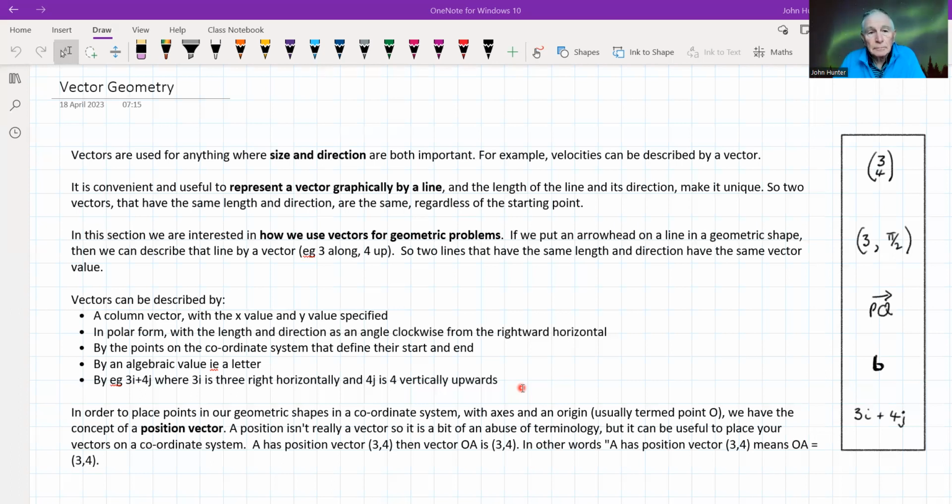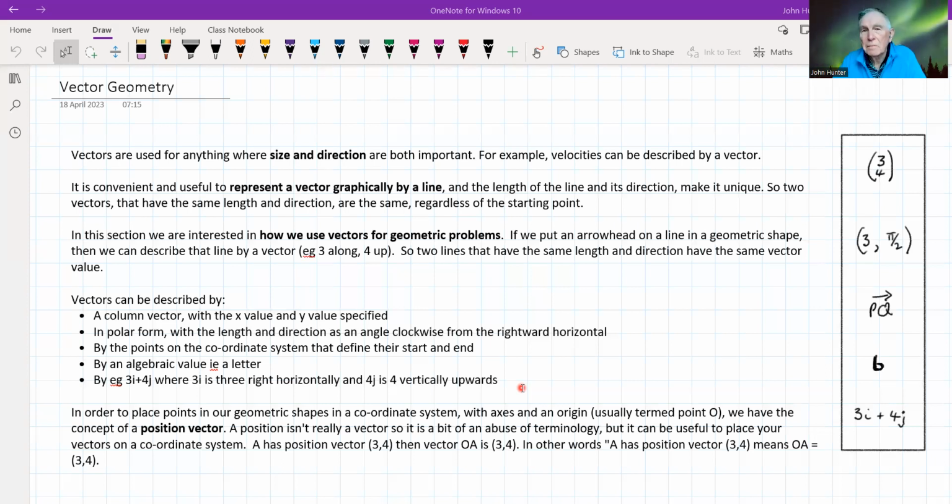Now, in this video, what we're interested in is vector geometry. This is how we use vectors in order to solve geometric problems. So if you can imagine some geometric shape, like a triangle, we put arrow heads on the lines, then basically each line has a magnitude, which is its length, and a direction, which is what the angle is. Now we've put an arrowhead on, we've got a direction as well.